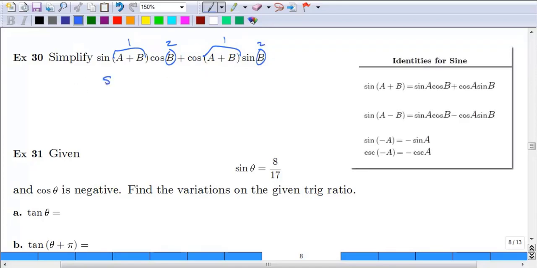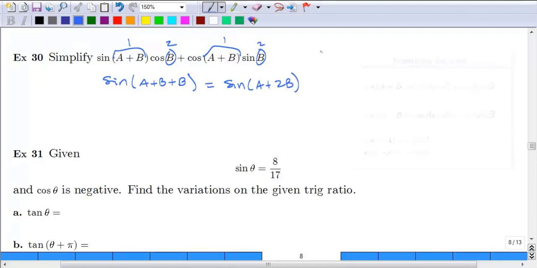So we can simplify this into sine of a plus b, because we've got that second b. And we could simplify that to be sine of a plus 2b. And that's really the simplest this is going to get.